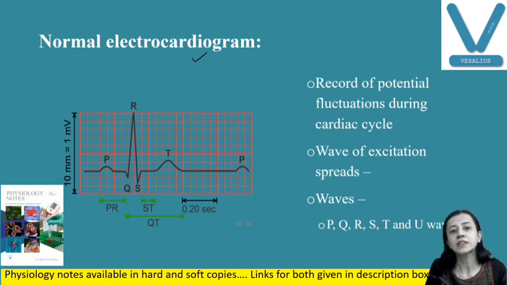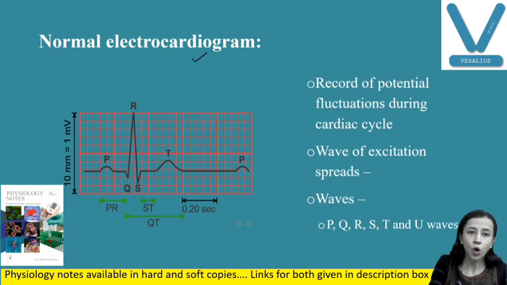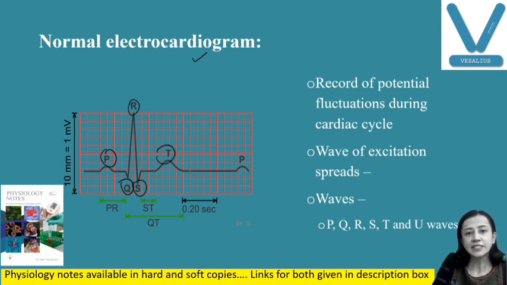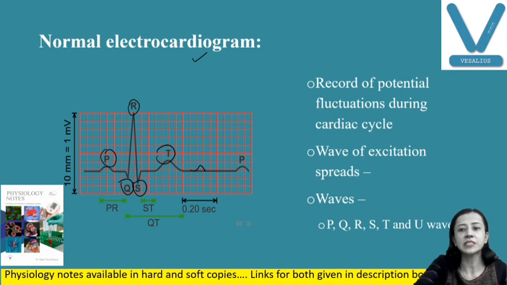During cardiac cycle, potential gets fluctuated and we will get wave of excitation that spreads from atria to interventricular septum, then ventricular wall, and this wave of excitation, which is known as depolarization, is followed by repolarization. These waves are commonly found in ECG. They are P wave, QRS complex, T wave, and sometimes U wave. Okay, we will discuss one by one.